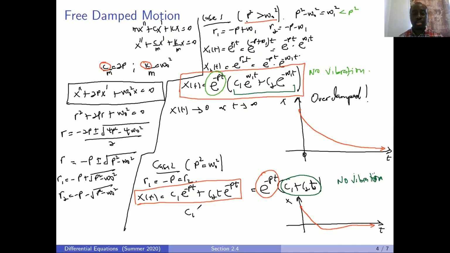So we can set C1 plus C2t equal to 0, and find out that when the time is exactly minus C1 over C2, we would have crossed the rest position, and then eventually we're going to make our way back to the rest position. So this is called the critically damped case.